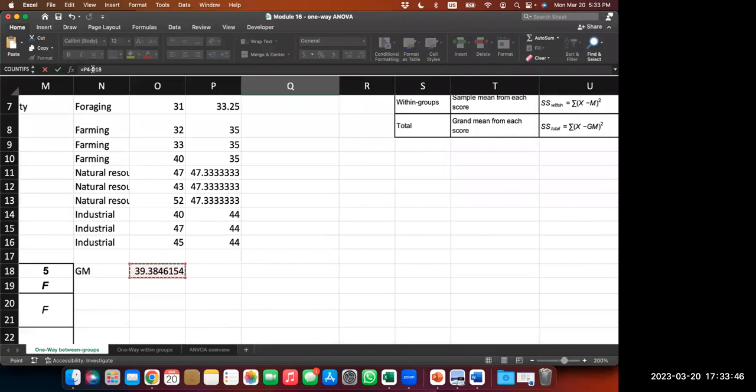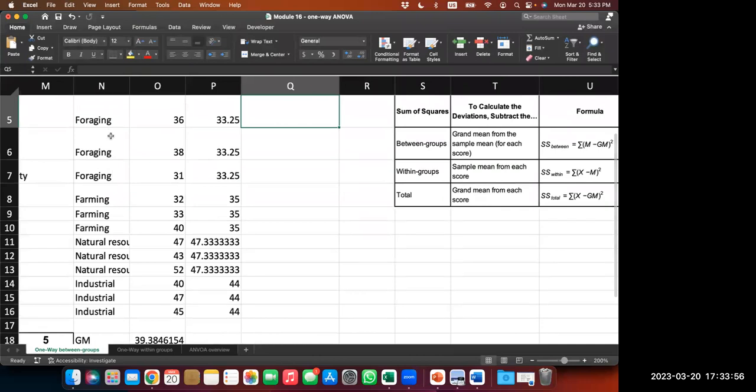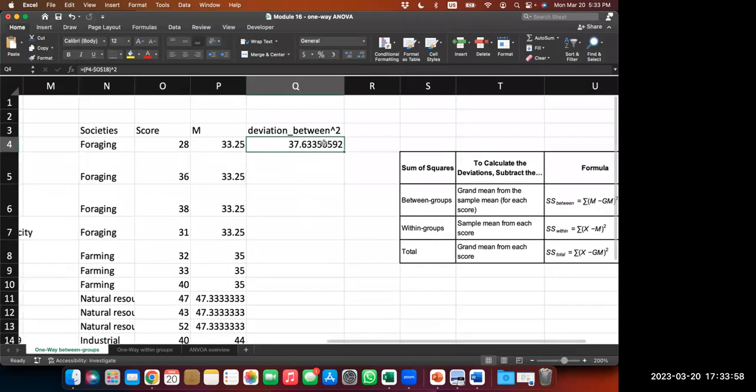But the grand mean you need to lock in, squared. That should be 37.63. So I'm showing the equation. That would be the equation.